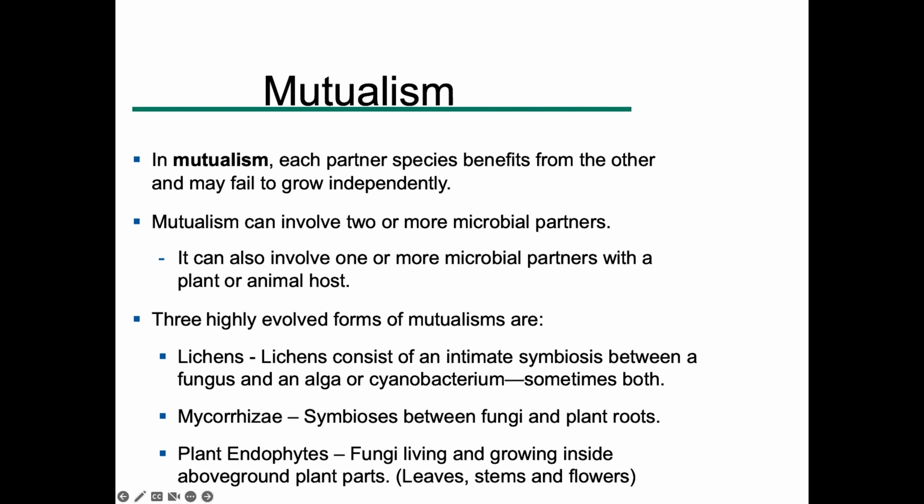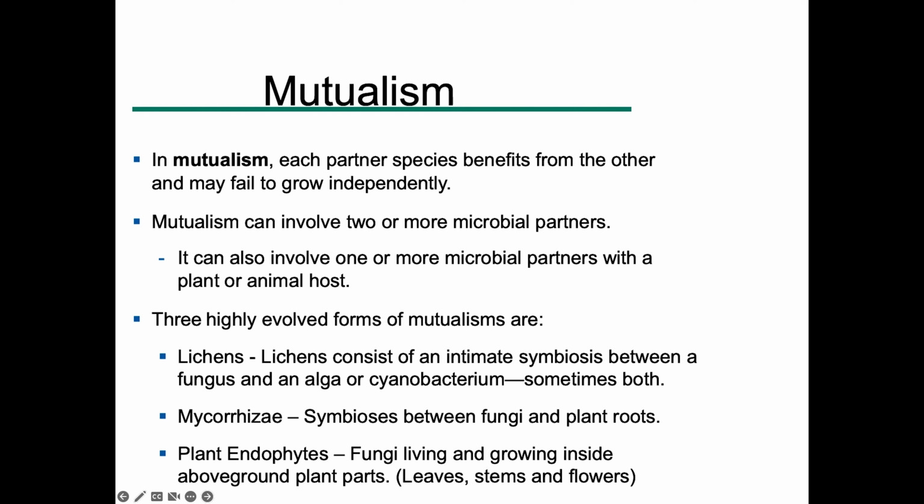Now, on this planet, dealing with fungi, the most highly evolved symbioses that are mutualisms are lichens, which we've already discussed, mycorrhizae, and plant endophytes. And there are both positive and negative aspects of plant endophytes.